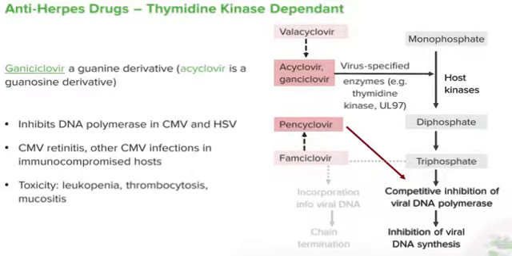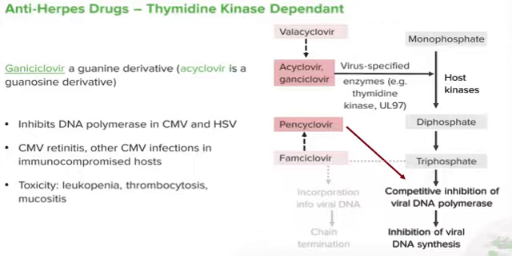Ganciclovir is a guanine derivative. Acyclovir is a guanine derivative, so you can see how they are acting as slightly different agents within the DNA molecule.